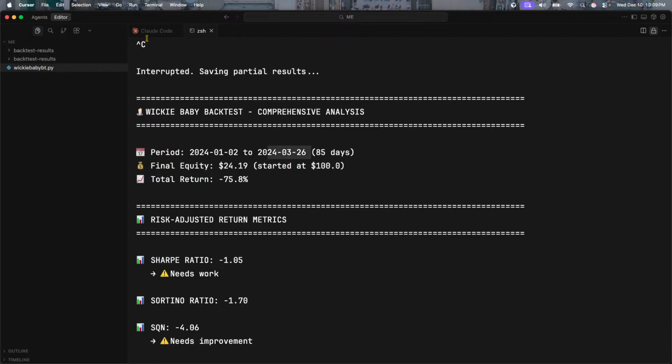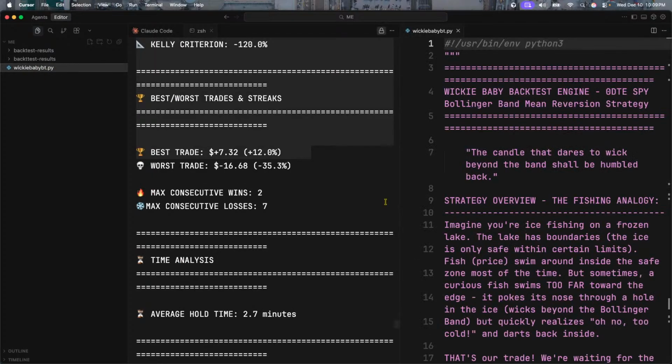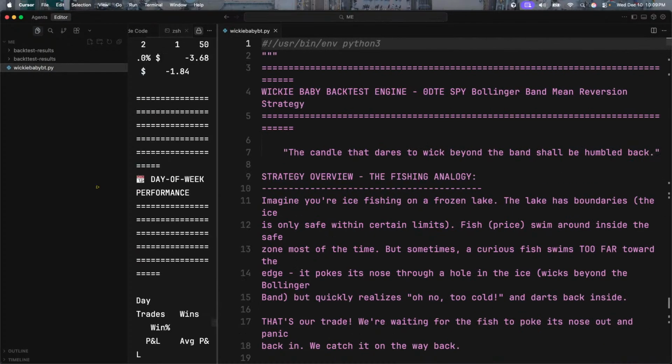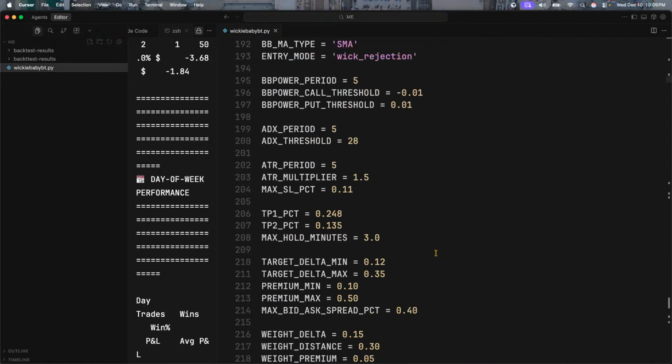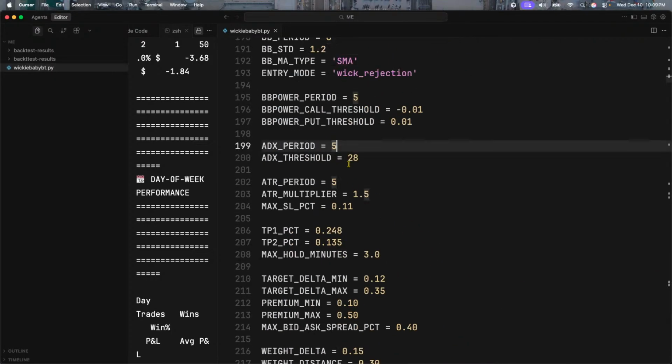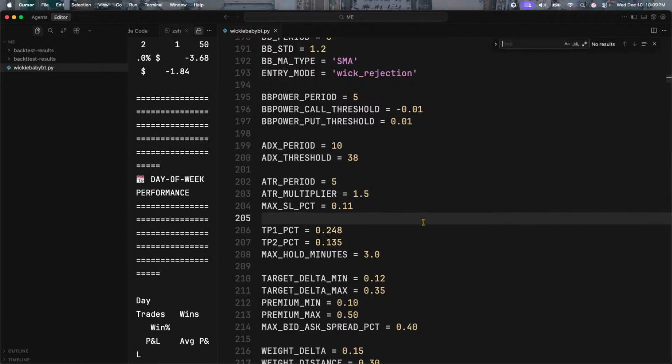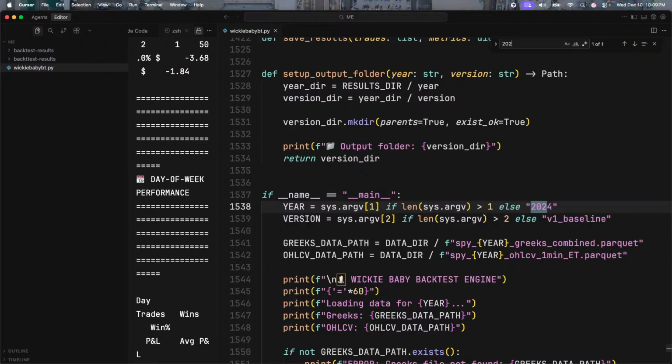Okay, this is what we're going to do. The strategy is too good for me not to. I'm going to go to 10, then I'm going to go to 38, then find 2020.